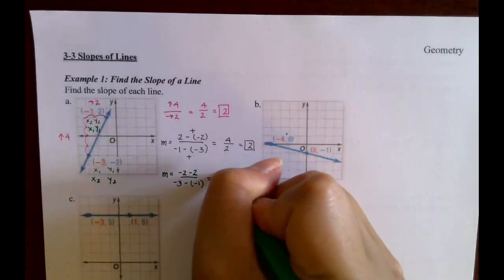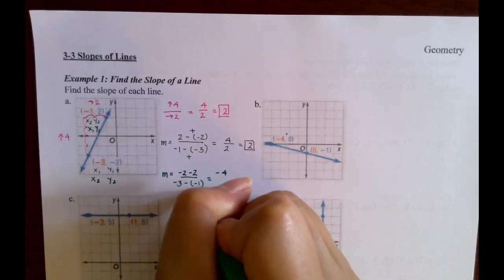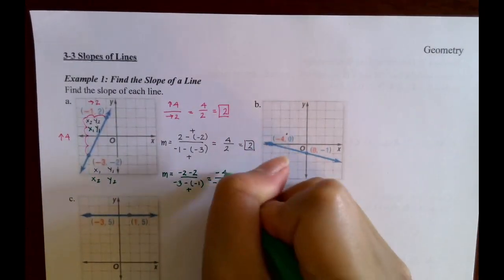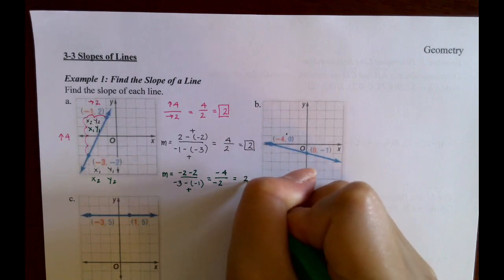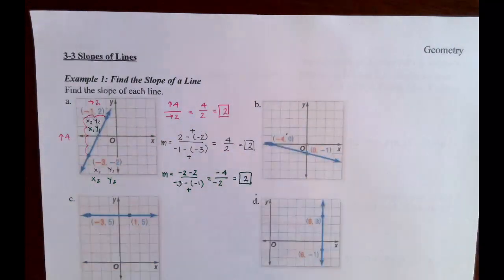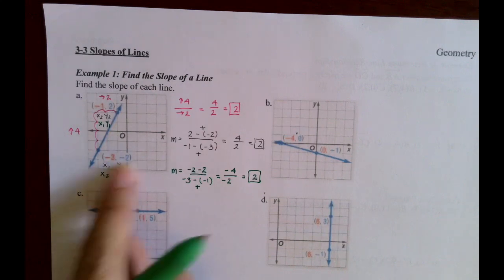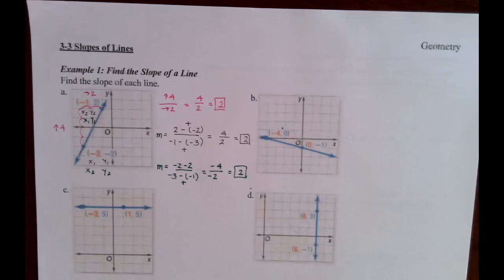Negative 2 minus 2 is negative 4. Again, minus a negative here is plus, so negative 3 plus 1 is negative 2. And negative 4 divided by negative 2 is positive 2. You'll still get the correct answer. The only way you would probably get it wrong is if your addition or subtraction is wrong, or if you mixed it as x1 and y2. You cannot do that. That's when you'll get it wrong.